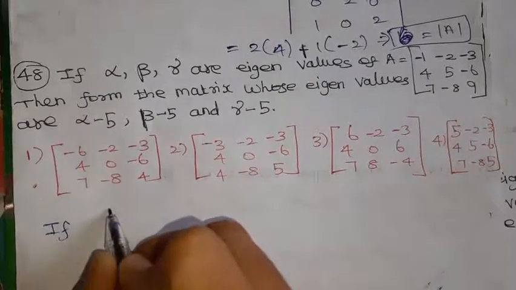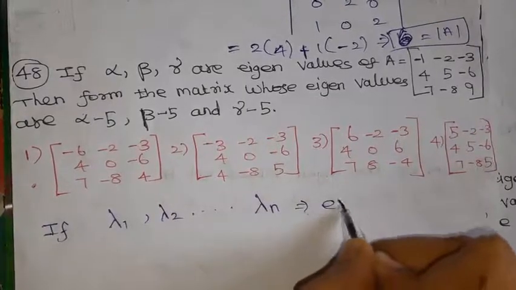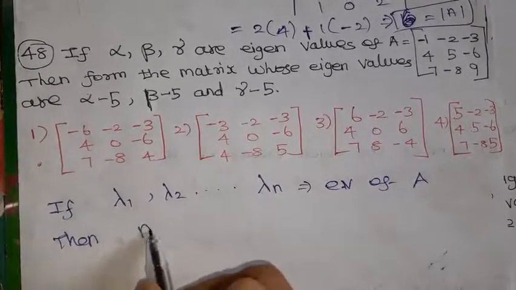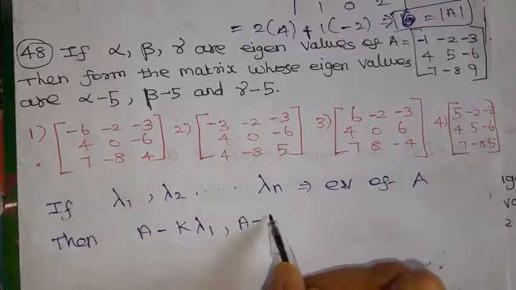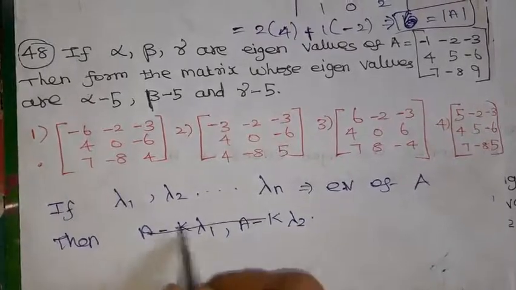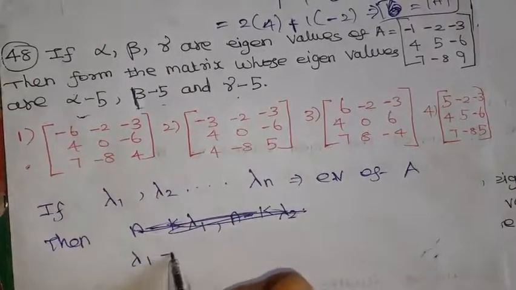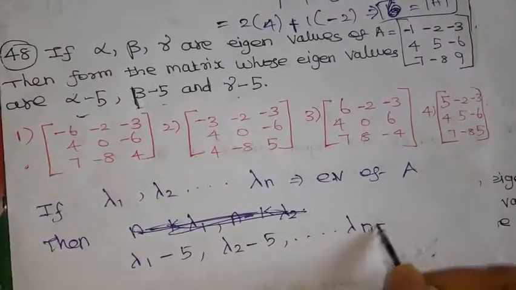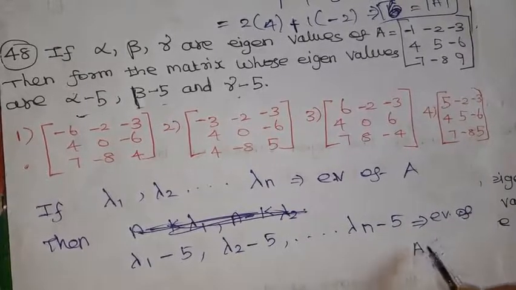If lambda 1, lambda 2, up to lambda n are the eigenvalues of A, then lambda 1 minus 5, lambda 2 minus 5, up to lambda n minus 5 are the eigenvalues of A minus kI.